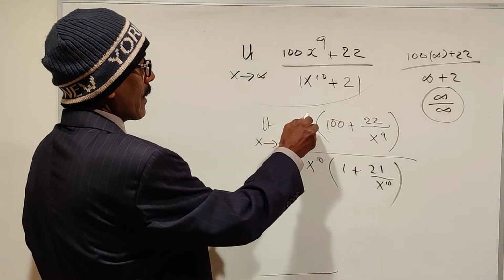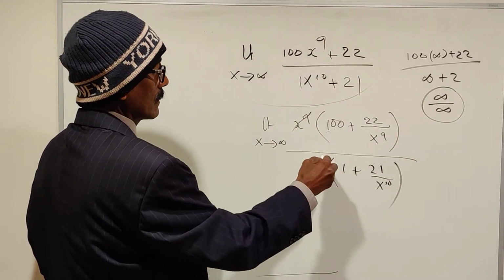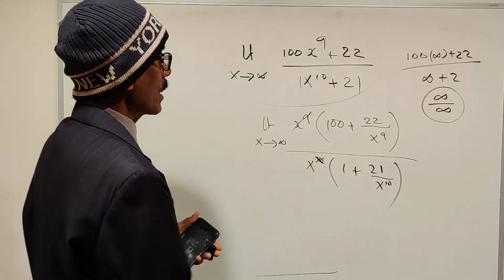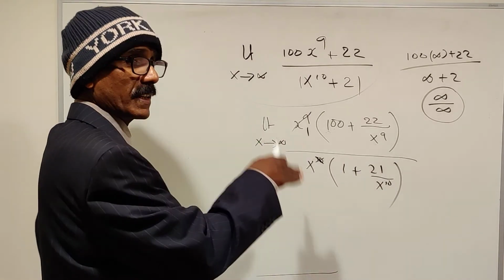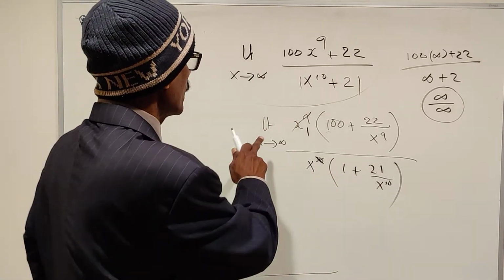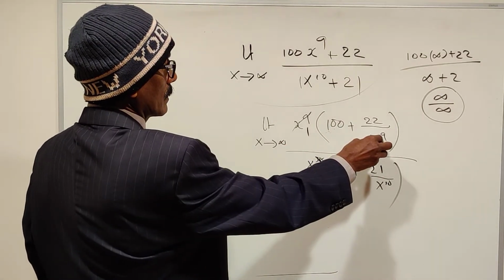See, x to the power 9 and x to the power 10, we can cancel out. What is the answer? It is 1 divided by x. Then after cancelling out, you just substitute the value infinite to this variable.